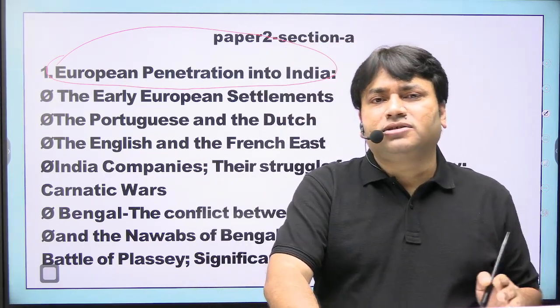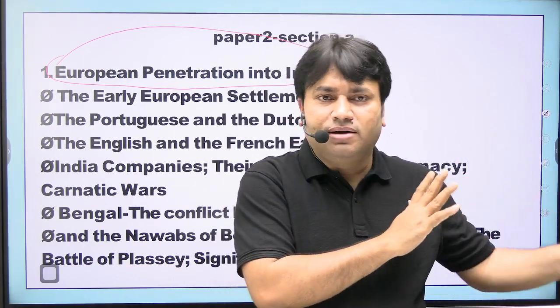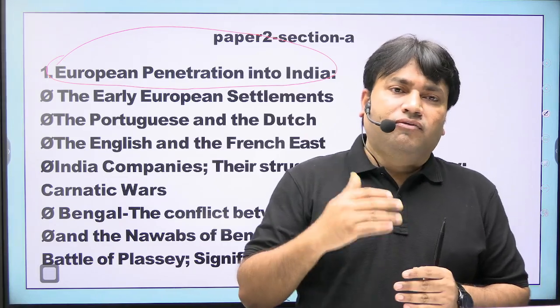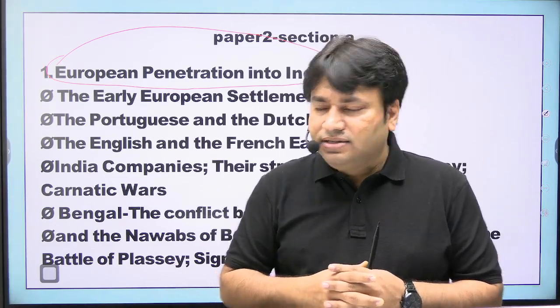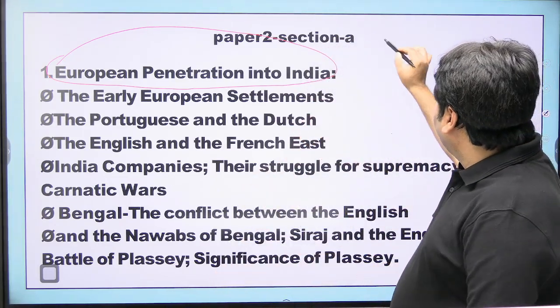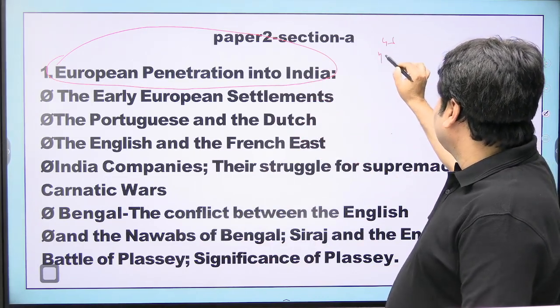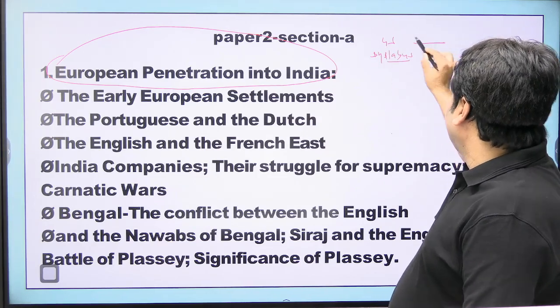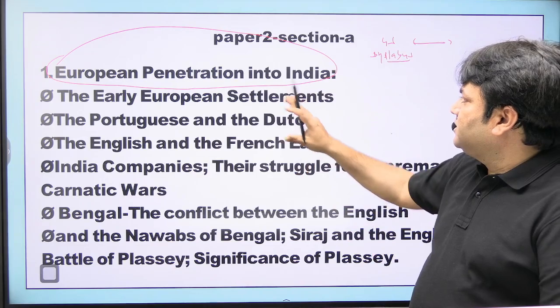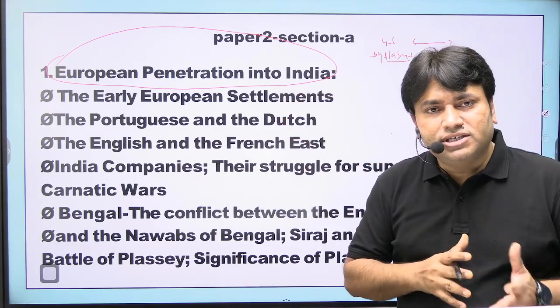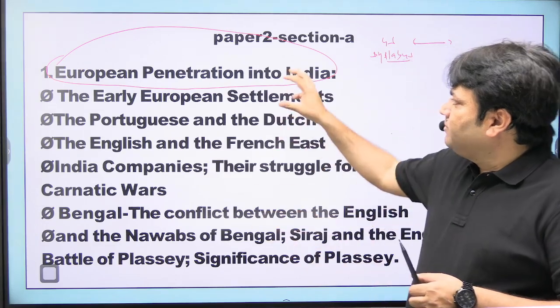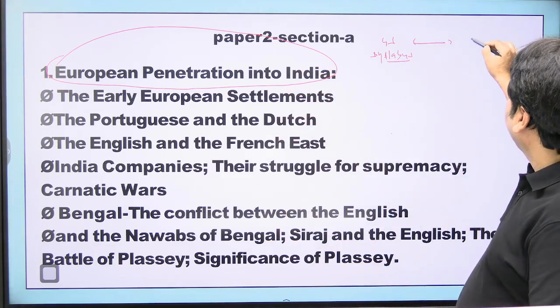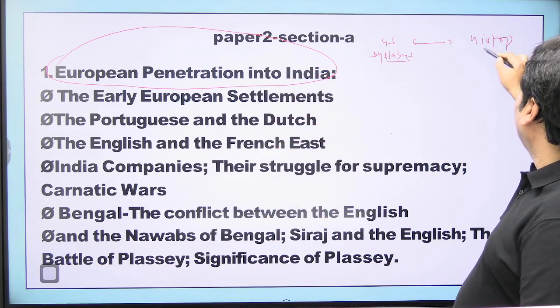I hope you have all read about this chapter in your foundational classes, and this chapter is common with your GS syllabus also. Why it is important to understand, you will realize after a few minutes: the same chapter is a part of our GS syllabus also, and the same chapter is a part of our History Optional syllabus also.